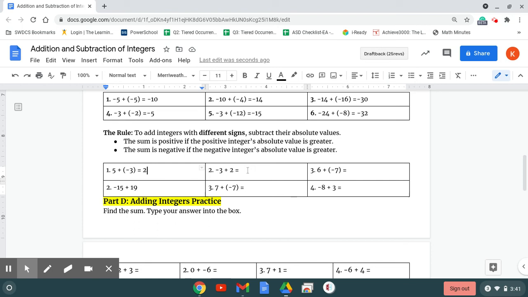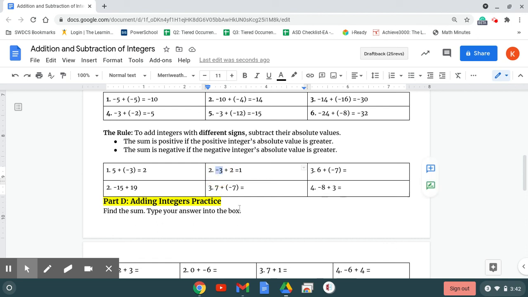Number 2, negative 3 plus 2. So we have different signs. One's a negative and one's a positive. Two different signs, so we're going to subtract. So 3 minus 2 is 1. And then we have to say, is 3 bigger or 2 bigger? 3 is bigger. And if we look at the number 3, it has a negative sign with it.